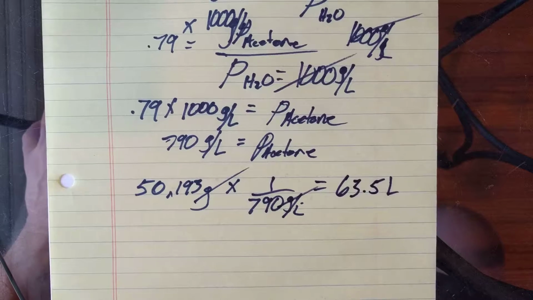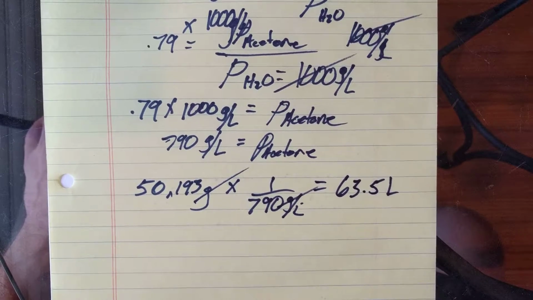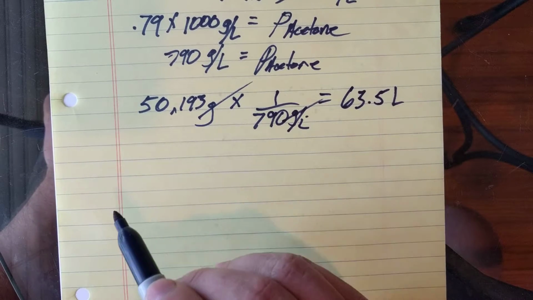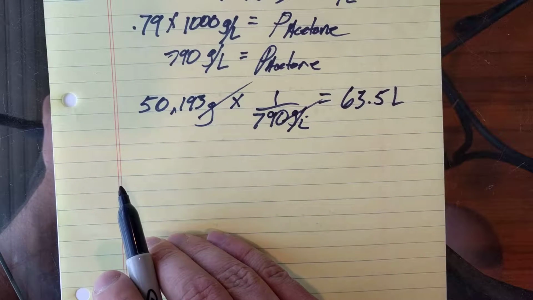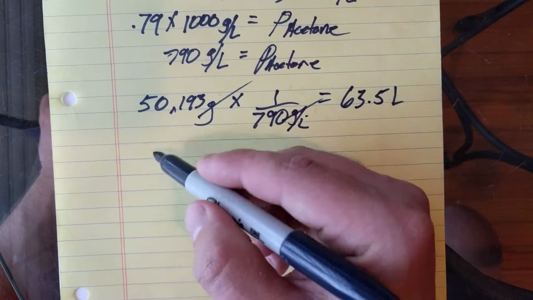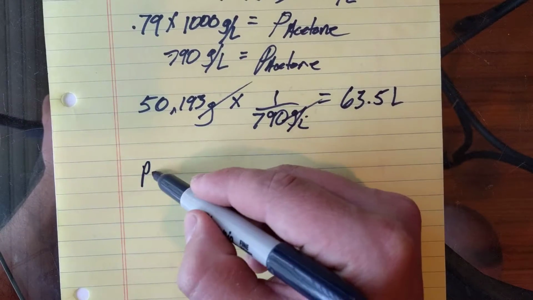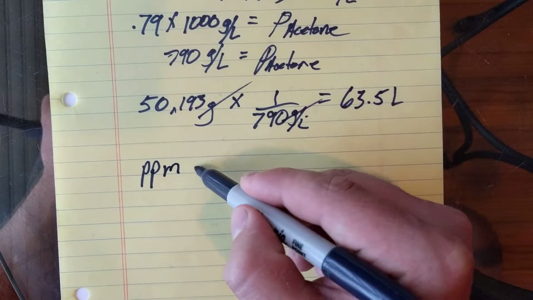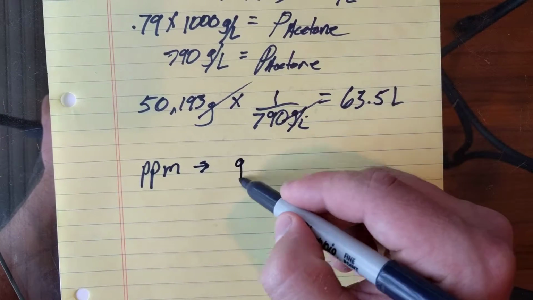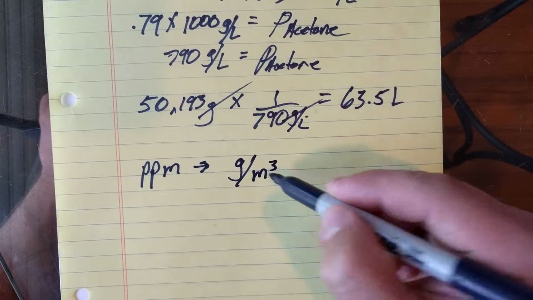What did we need to know to work this problem? Basically, everything you did in this problem was some sort of unit conversion, okay? We needed a way to get from parts per million to some sort of grams per meter cubed.